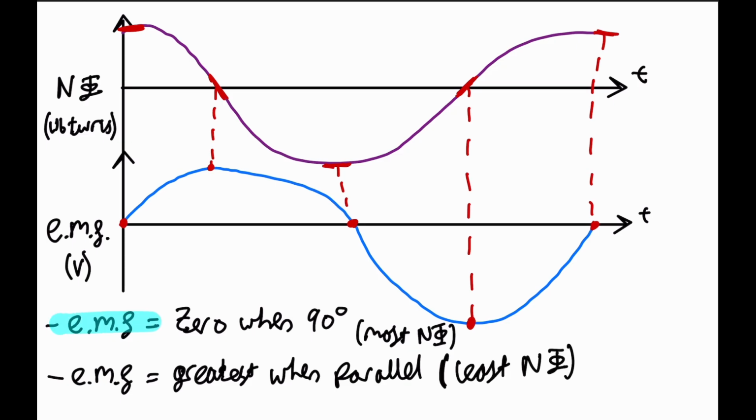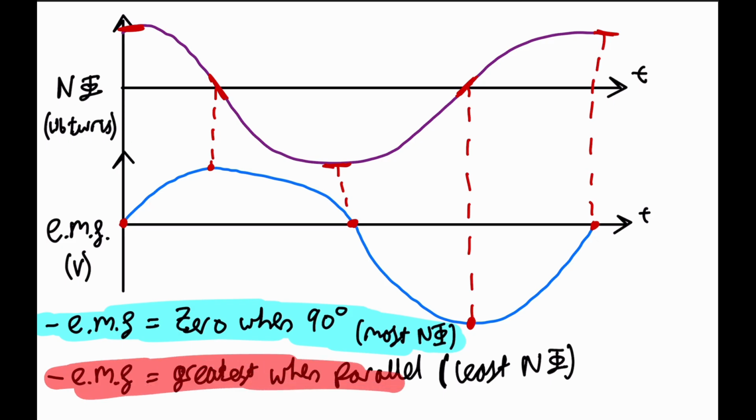So the EMF is 0 when the coil is at 90 degrees to the field, and the EMF is at its greatest when the coil is parallel to the field. When the coil is at 90 degrees to the magnetic field, you have the most flux linkage, so you have a 0 EMF because of the graphs, and when the coil is parallel to the magnetic field, you have the least flux linkage, so you have the largest EMF.